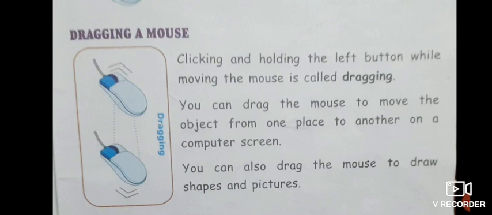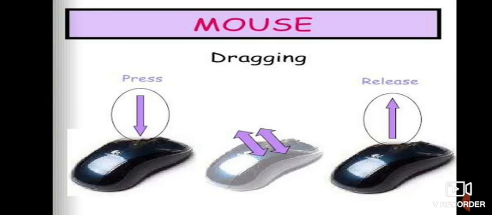Click the mouse button, don't release it, keep it pressed, and then move the mouse. When you do that, it is known as dragging. First press, then move, and then release.